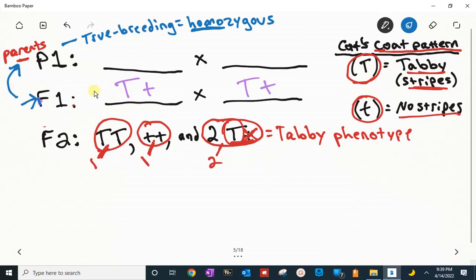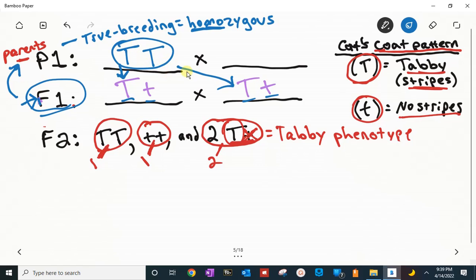Well, if you look at this F1 row right here, we have a capital T and a lowercase t for the mom, capital T and a lowercase t for the dad. But if their parents are homozygous, then that would mean that if this capital T were to go up here, then this capital T also has to go up here because that's homozygous.